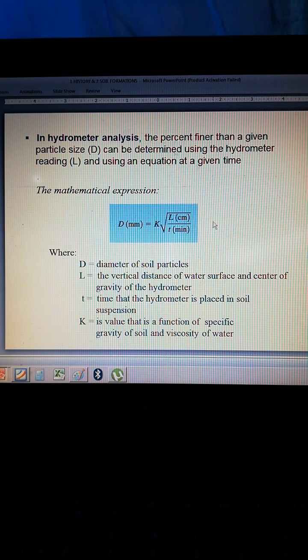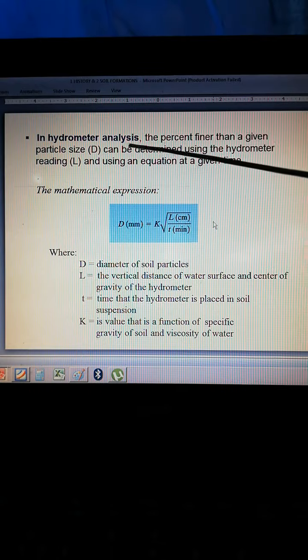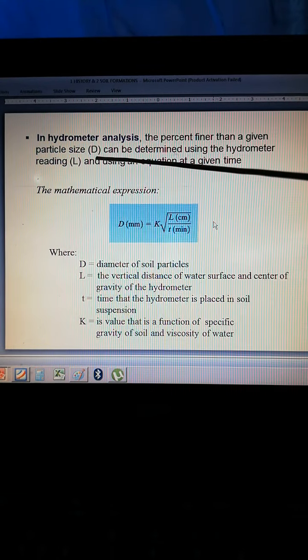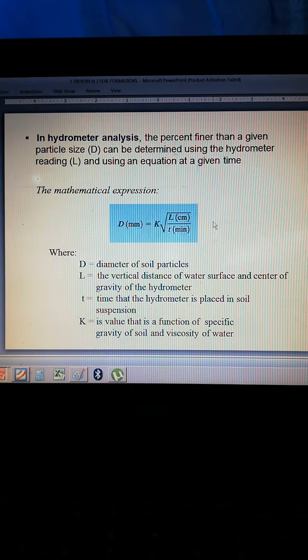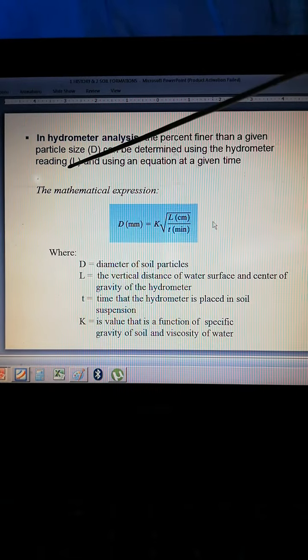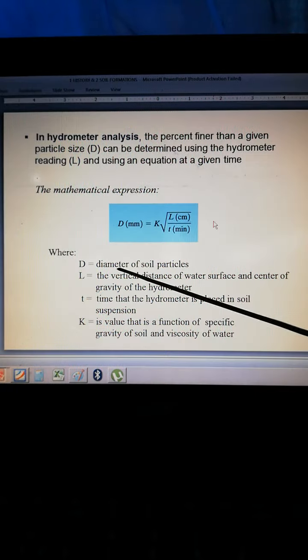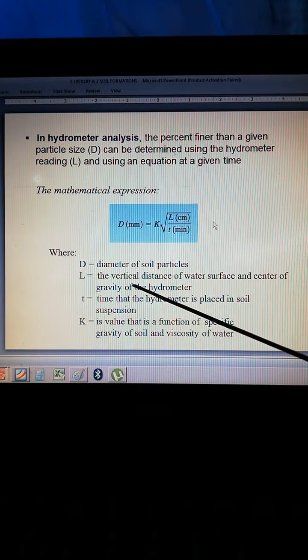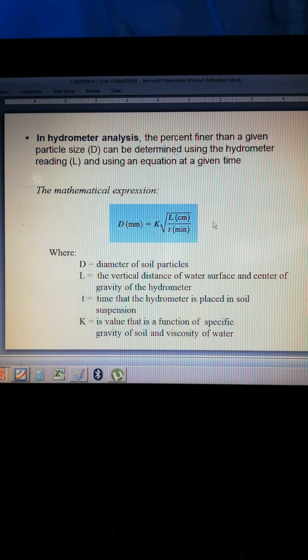But sieve with larger number than that we don't have, so that would be where this comes in. Kaning percent finer than a given particle size, which is smaller in opening than the number 200 sieve. Then the diameter here and the hydrometer reading L will be of use. You have the diameter, the L will be the vertical distance of water surface and zero gravity of hydrometer, and t is the time.